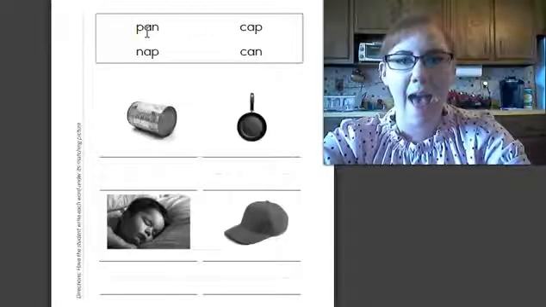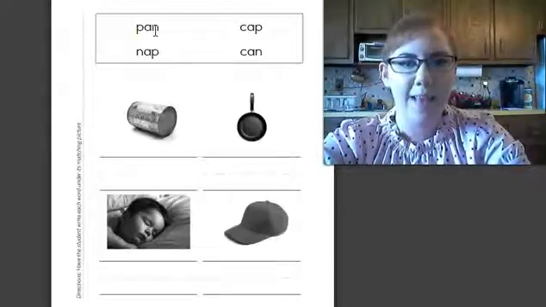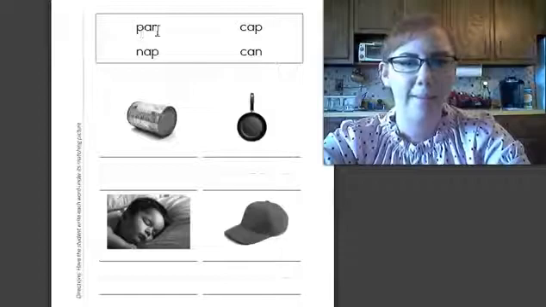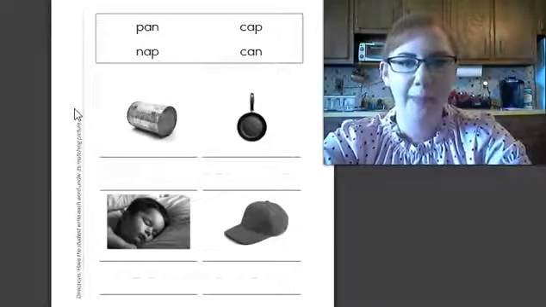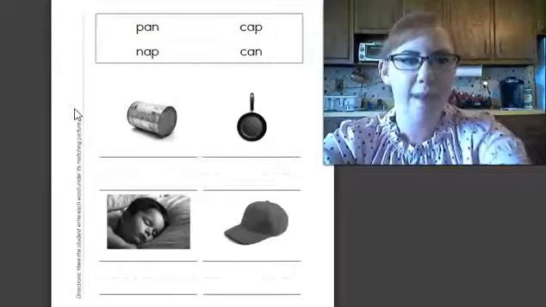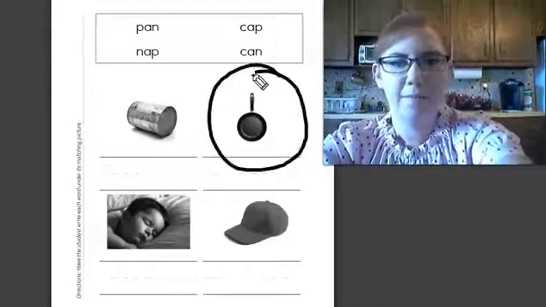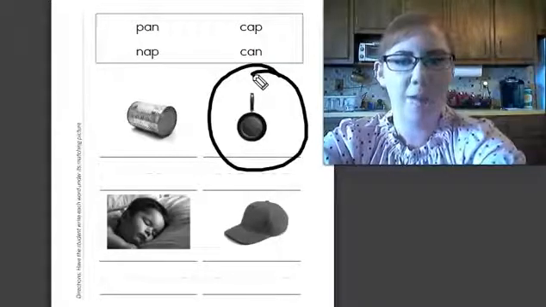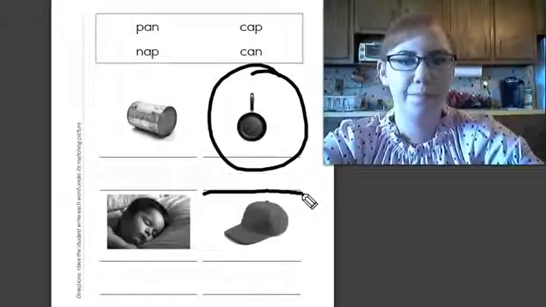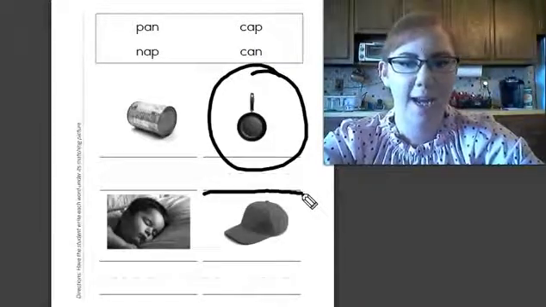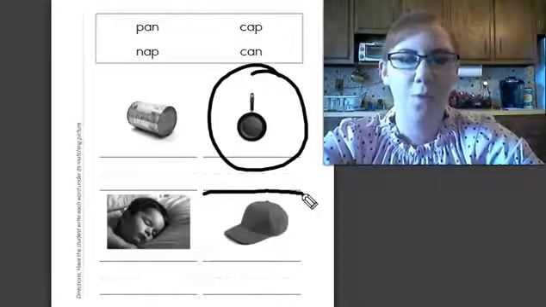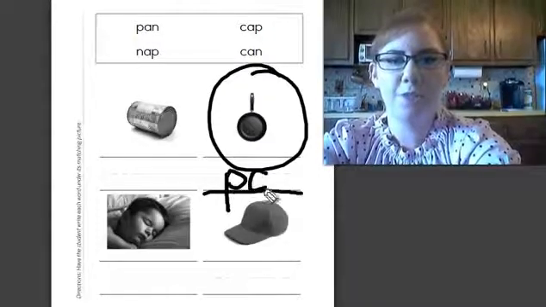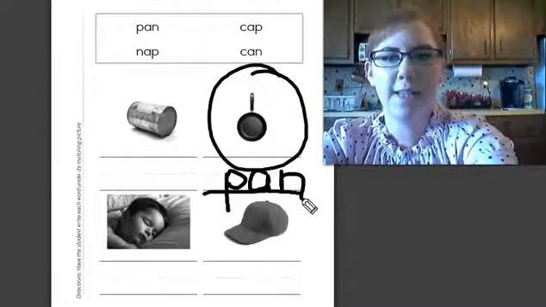P, a, n, and then blend them together. P, a, n, pan. Do you see a picture of a pan? I do. It's right here. So you would write the word pan on the line below the picture. Make sure you do your best handwriting. Do this with all 4 words. When you're finished with a word, you can cross it off so you know that you're done, just like this.